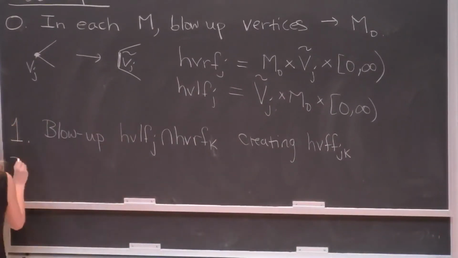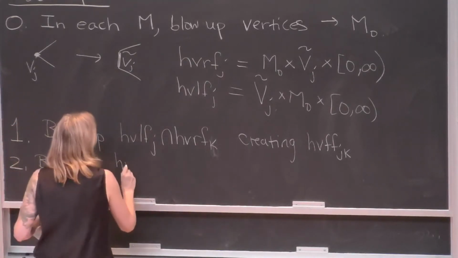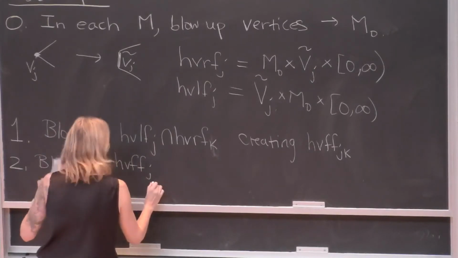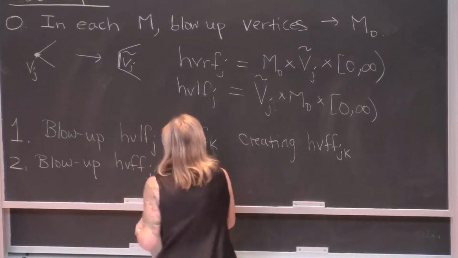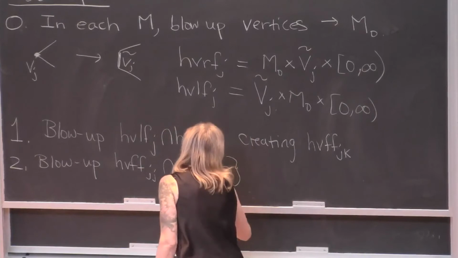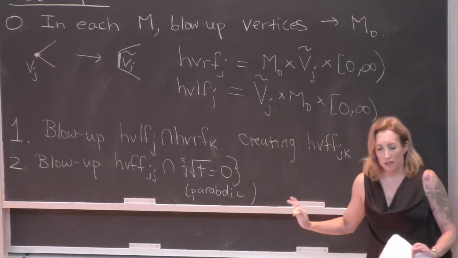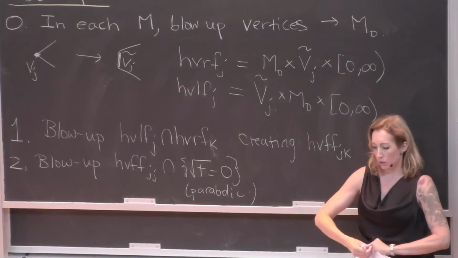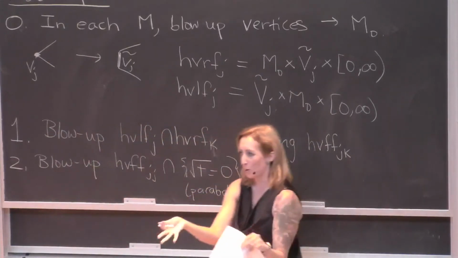And now we're going to blow up HVFFJJ, at t, I'll write it this way, square root t equals 0. So this means what's known as a parabolic in t blow up. Basically, the simple way to think about it is that you consider, I have to explain boundary defining function, but you consider your boundary defining function to be the square root of t rather than t.